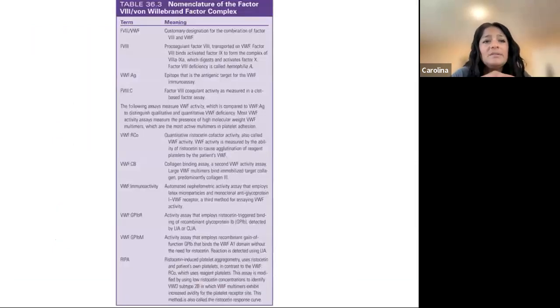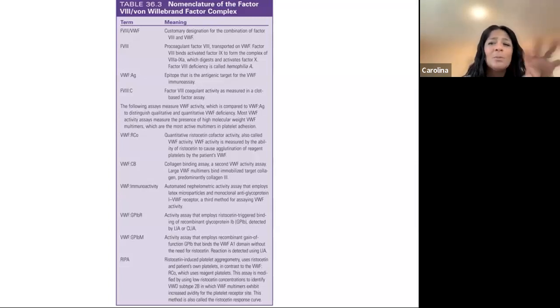So here is some of the nomenclature of factor VIII von Willebrand factor complexes that you will see, not so much, I think, in your regular coag lab, but more in specialized labs where we do more specialized coag testing.